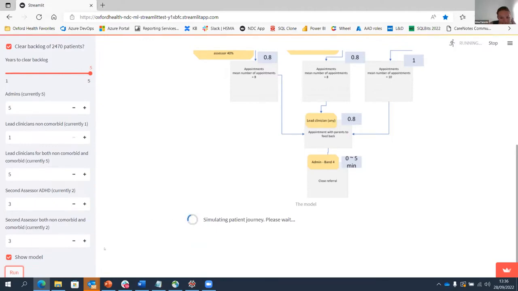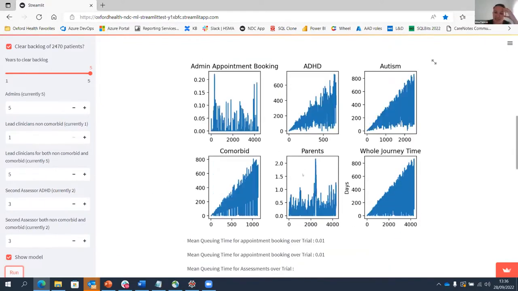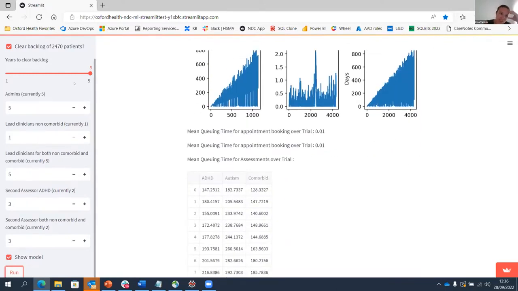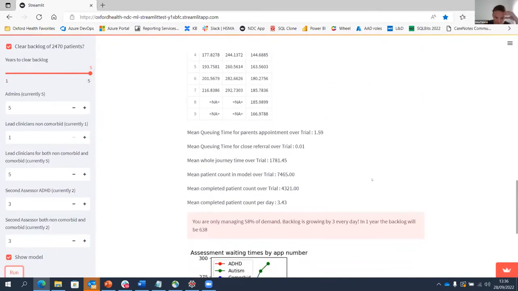With introducing the backlog, they are managing only 58% with that resource.